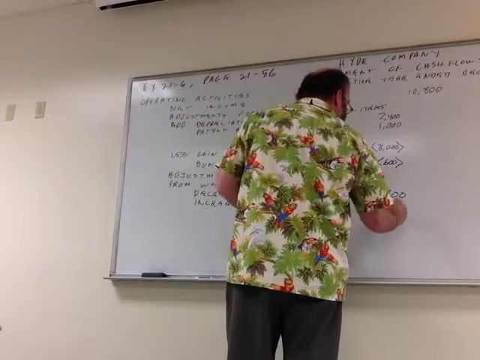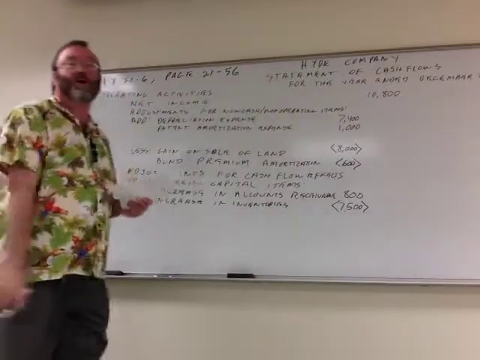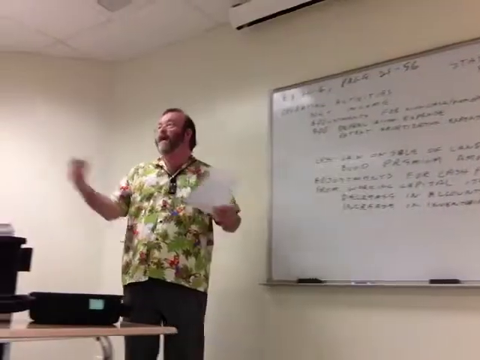So that lowers cash because you're buying more inventory. The only way to buy more inventory is with accounts payable and spending cash. So if you're investing in more inventory, your cash balance goes down.